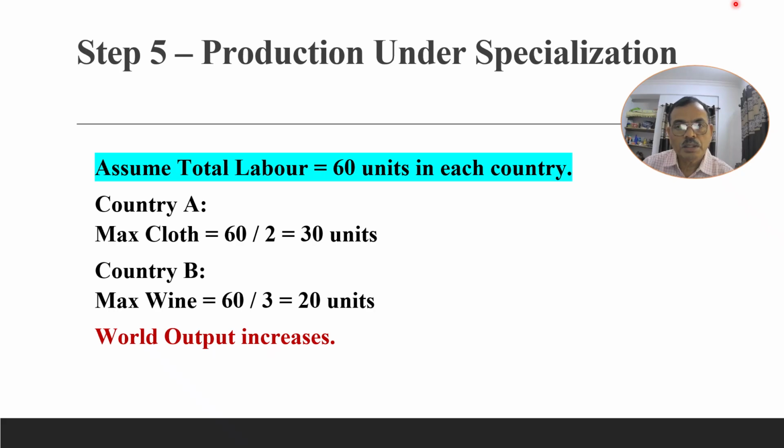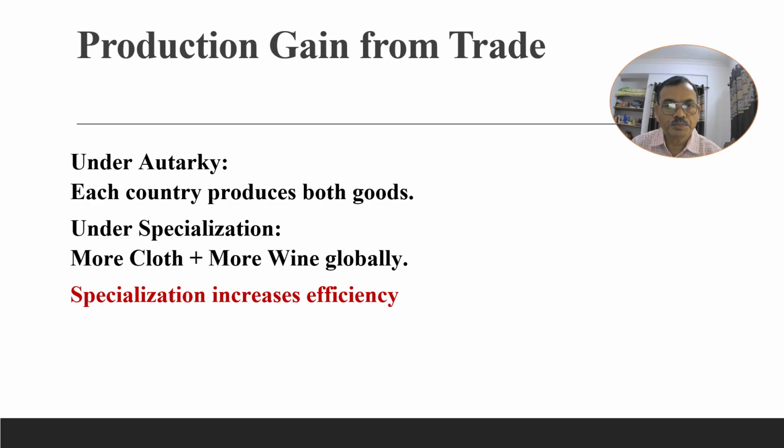Now let us compare this with autarky. In autarky, each country produces both goods, but under specialization, total cloth increases, total wine increases.